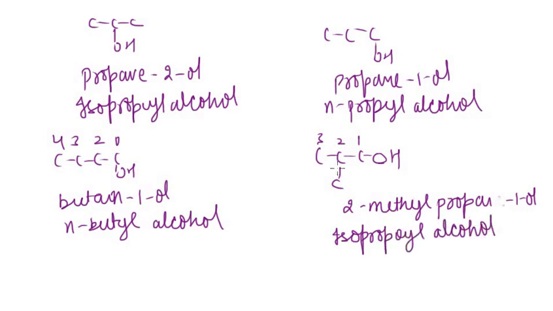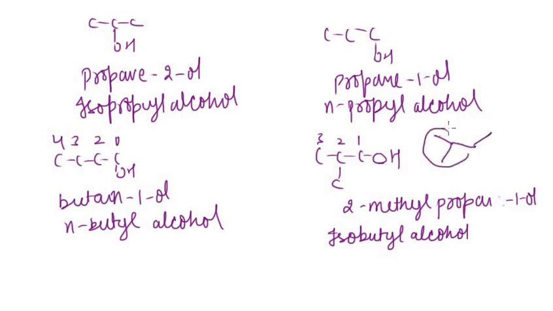What is the iso group? It is called the iso group because the end termination of this carbon chain is known as iso group. This type of carbon chain termination is known as iso group.